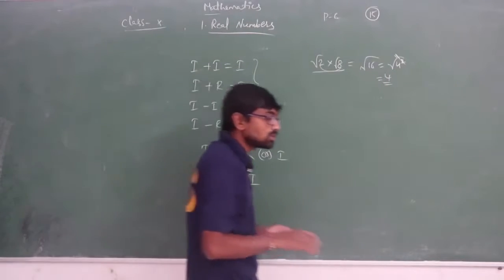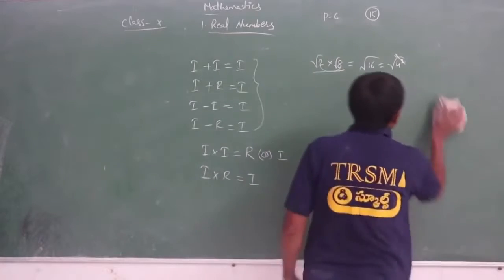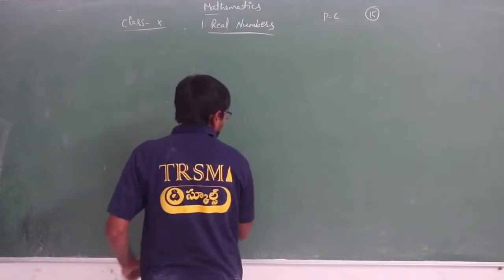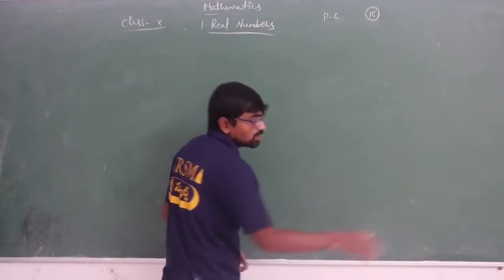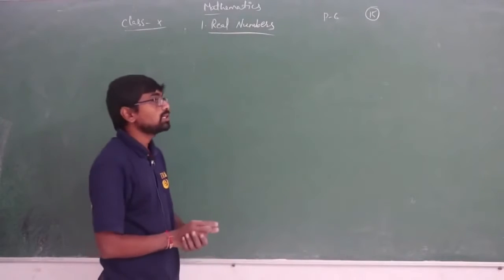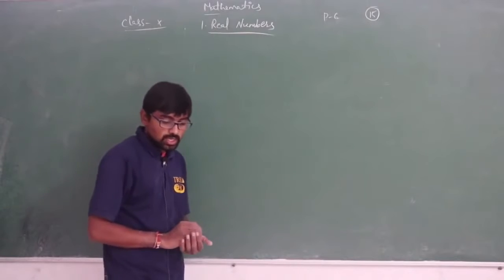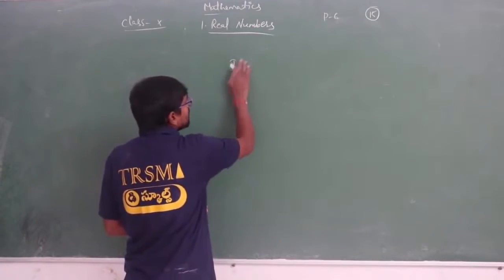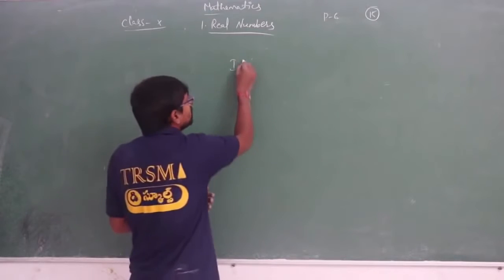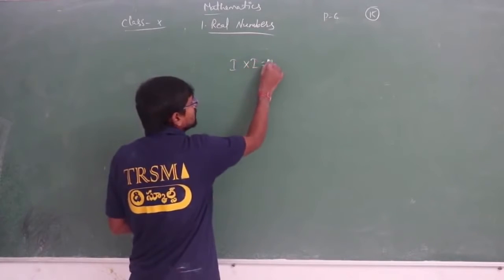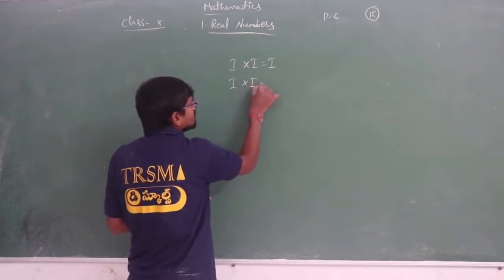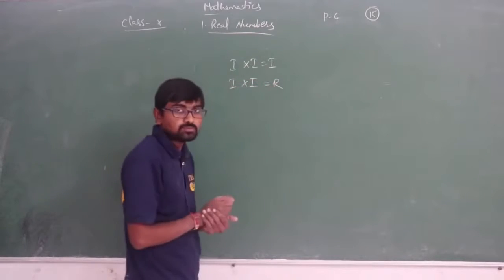Okay, he may be giving the question. We will be having one question. He can ask in the final question paper. My question is: show that the product of two irrationals, product means multiplication, is irrational, and the product of two irrationals is rational.